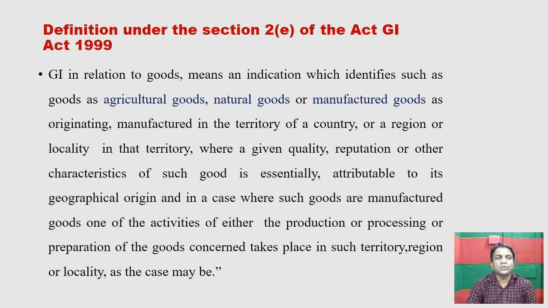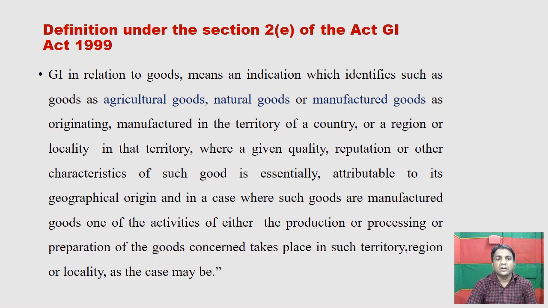So that is the definition of a GI, that is, geographical indication, under Section 2(e) of the GI Act 1999. It is specially mentioned that the indication identifies goods like agricultural goods or agricultural commodities, natural goods, or manufactured goods.